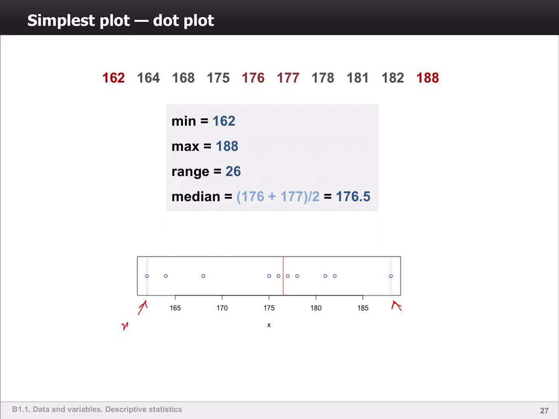So this is the min, this is the max, and this is of course the median. This plot tells you something about how symmetric the distribution is. Even though the median is located here and we have an equal amount of points on both sides of the median, we can see that this spread is a bit larger than this one. So it means that the distribution of the values is slightly non-symmetric.